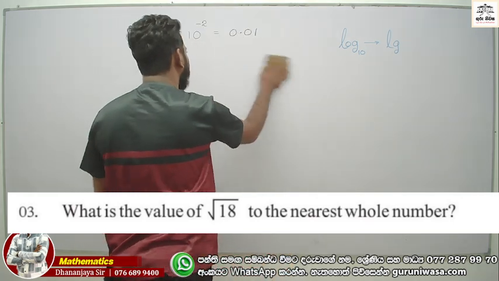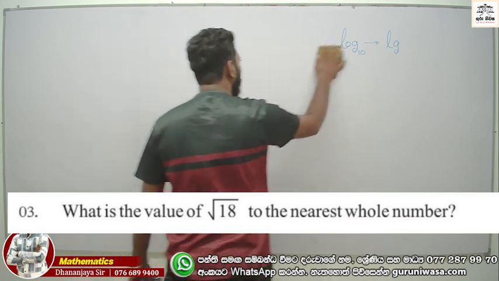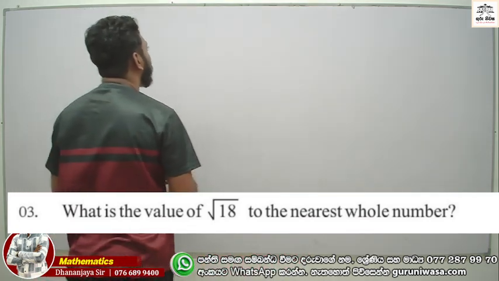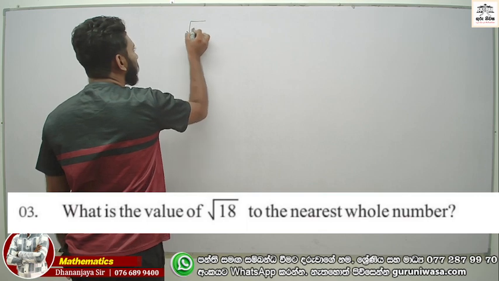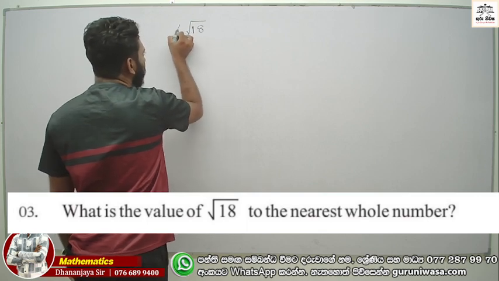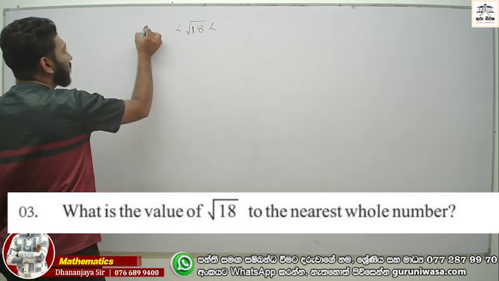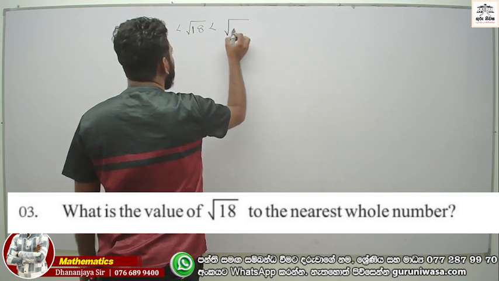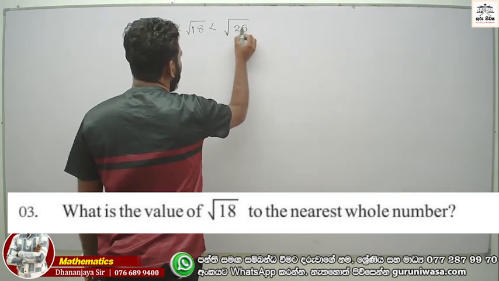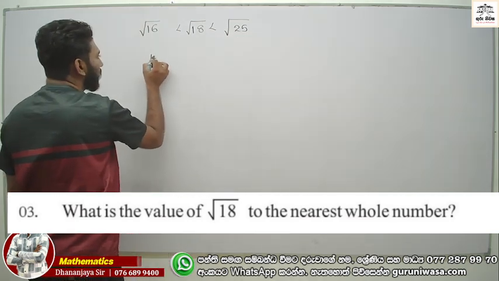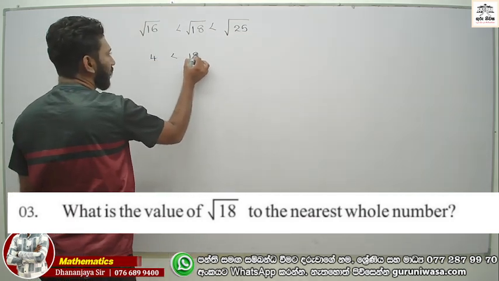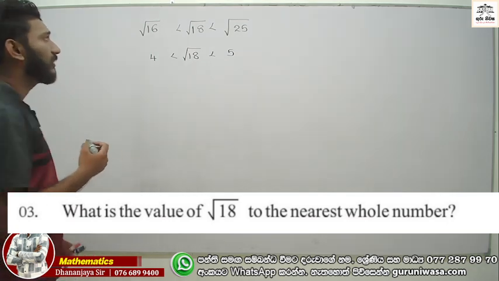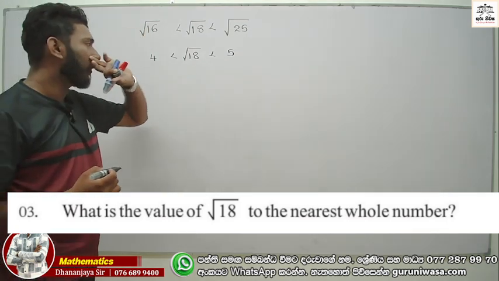Now, what are the rules? Square root of 18. Actually, this one lies between the square root of 16 and the square root of 25. Now we call it 4 to 5. The difference between 16 and 18 is the smallest one.